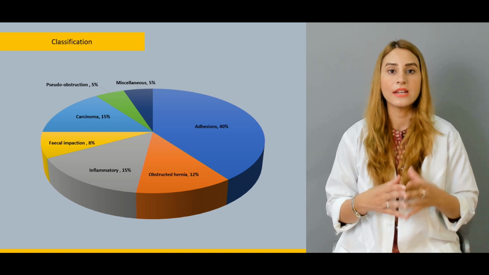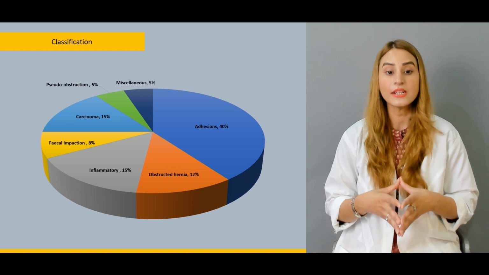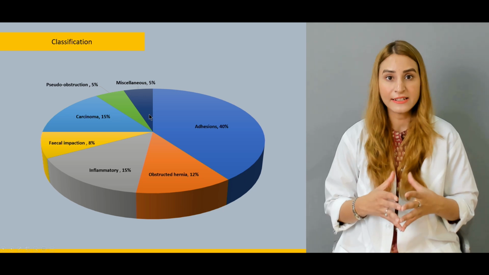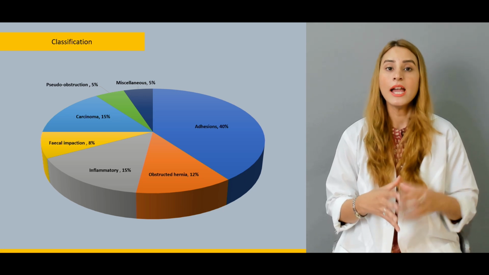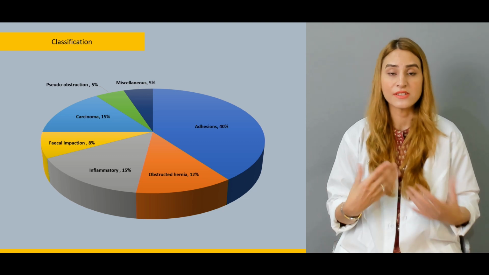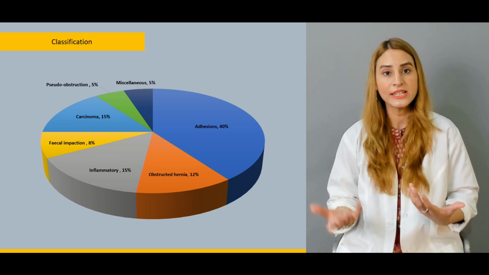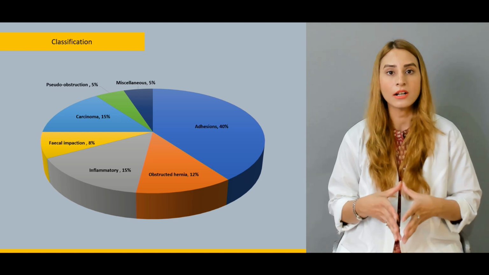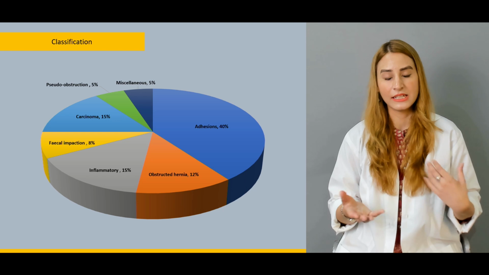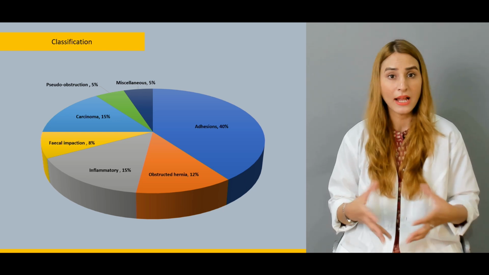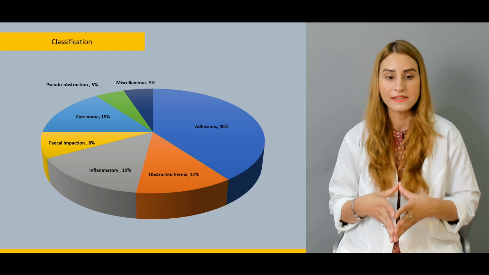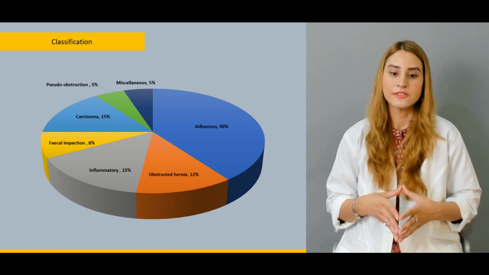And if we talk about adynamic obstruction, there can be a pseudo obstruction, which is also called paralytic ileus. Most of the time, whenever we perform a surgery involving the abdomen or the intestine, like laparotomy, after that the intestine is low in motility, and goes into some kind of ileus, which is called paralytic ileus, and there can be a pseudo obstruction.